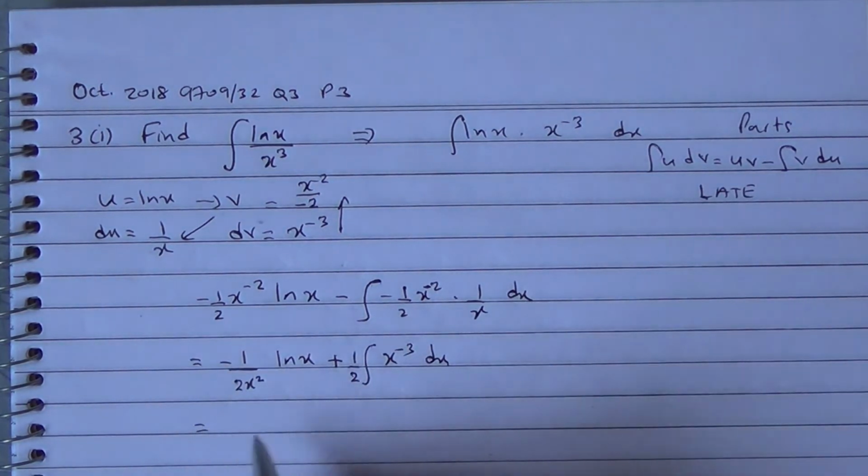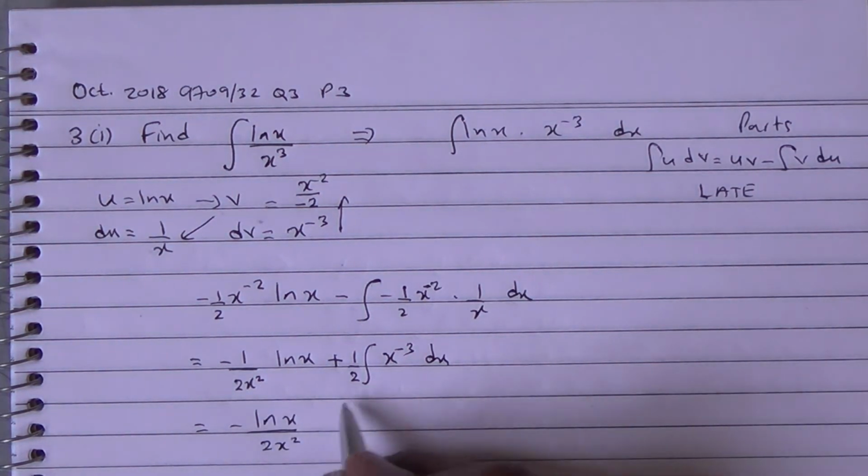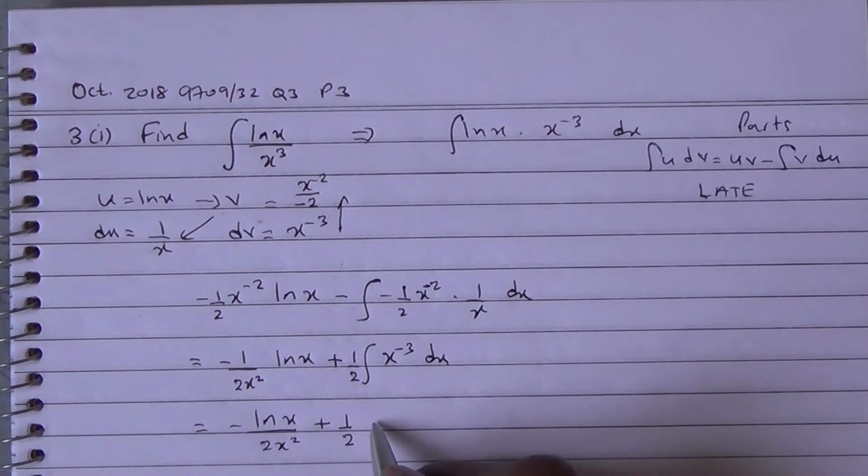So what we've got is negative ln x over 2x squared, plus half. If you were to integrate this, you're going to get x to the power minus 2 divided by minus 2.